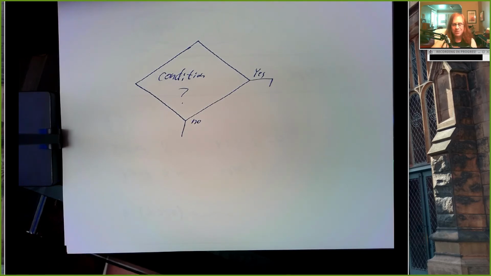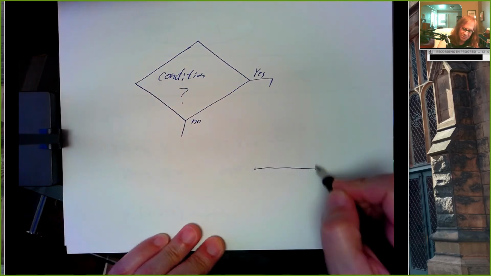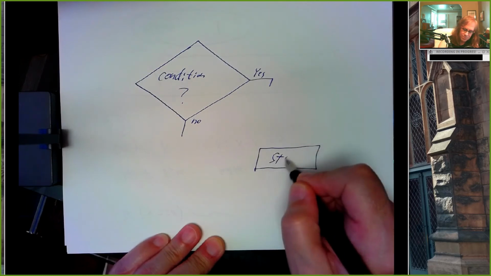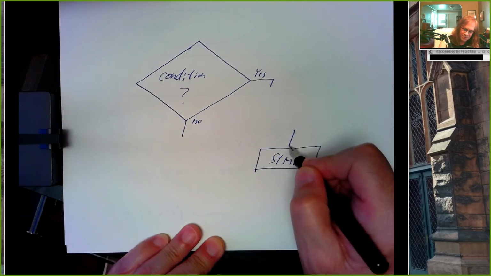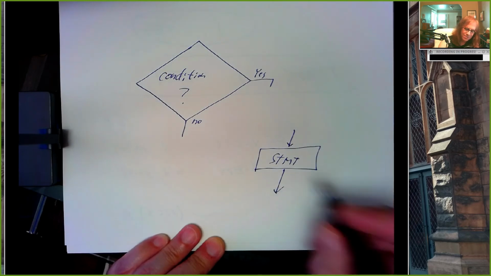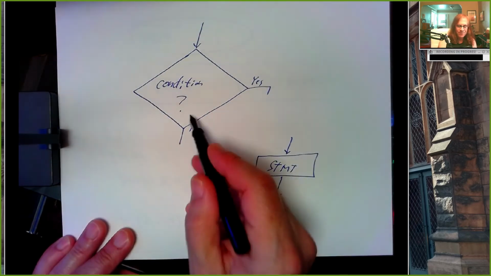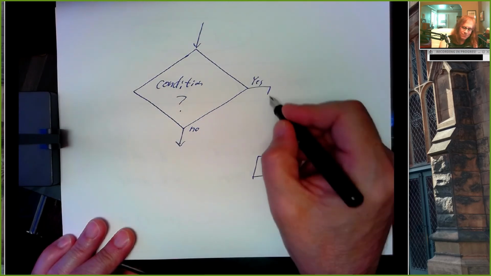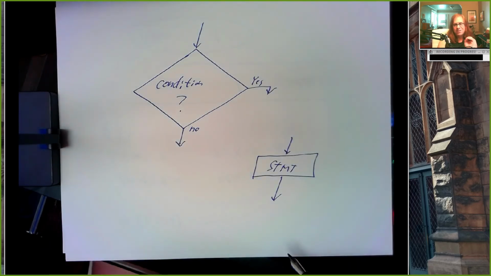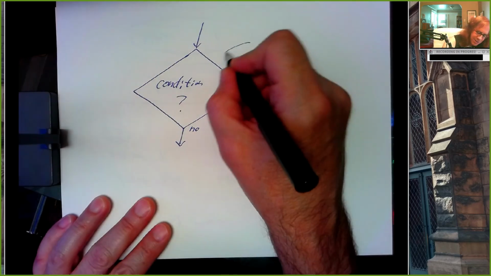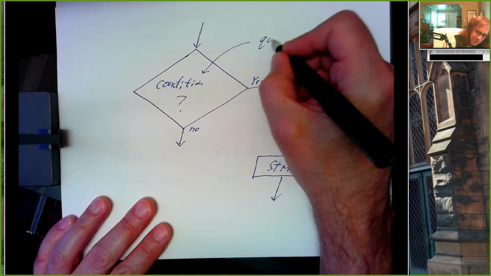A rectangle is just some statement, and it has an arrow going into the top, an arrow coming out of the bottom. A condition has an arrow coming from the previous statement, and we basically choose to go off in one of two directions, based on the answer to some question. So this condition in here should always be a question.